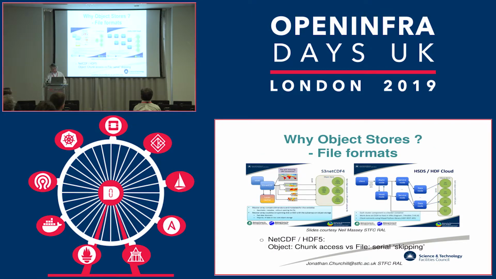But we also have an interesting thing with the way in which the data is actually stored, and I'll show on the next slide why these two file formats are important. So most of the data on JASMIN is stored in NetCDF and HDF format, and both of those are file formats for storing data where there's an index at the front of the file telling you what's inside it, and then maybe some X, Y, and time series data that's actually stored in it.